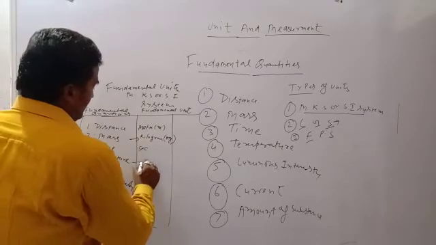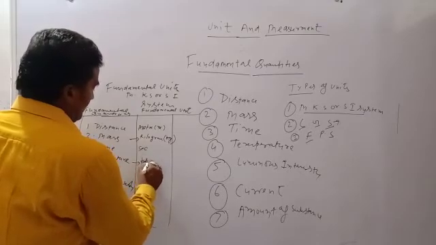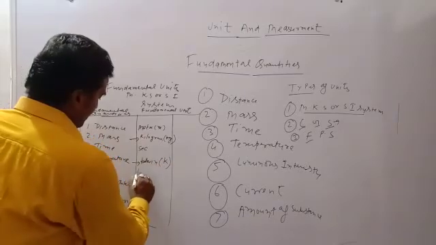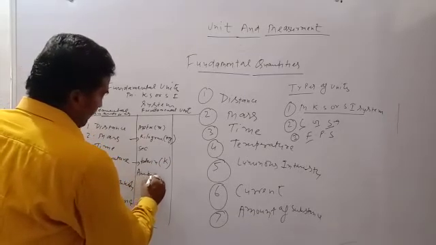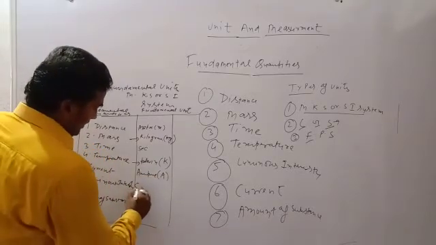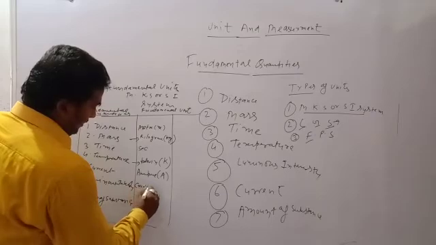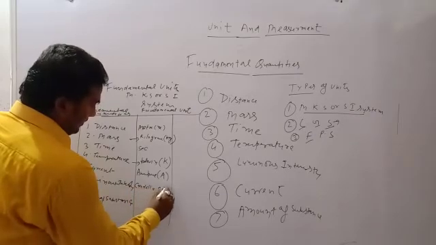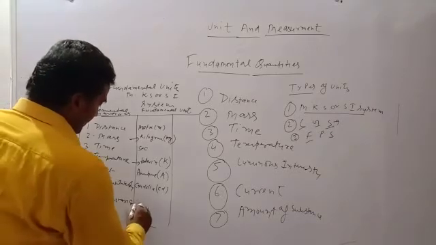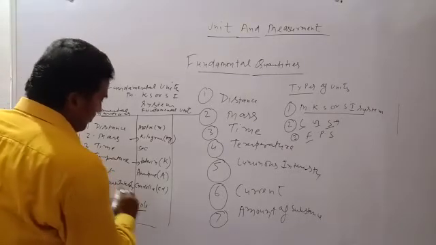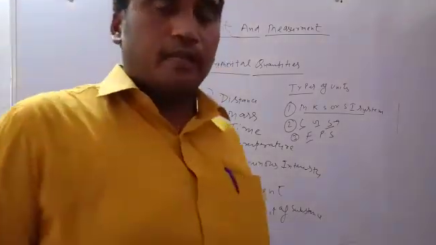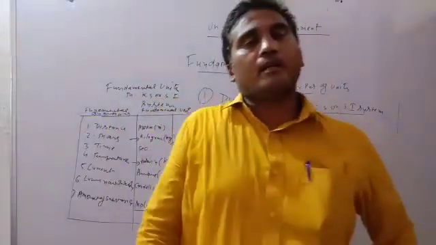Temperature, the SI unit is Kelvin, denoted by capital K. Current, the SI unit is ampere, denoted by capital A. Luminous intensity, the SI unit is candela, represented by cd. Amount of substance is represented in terms of mole.